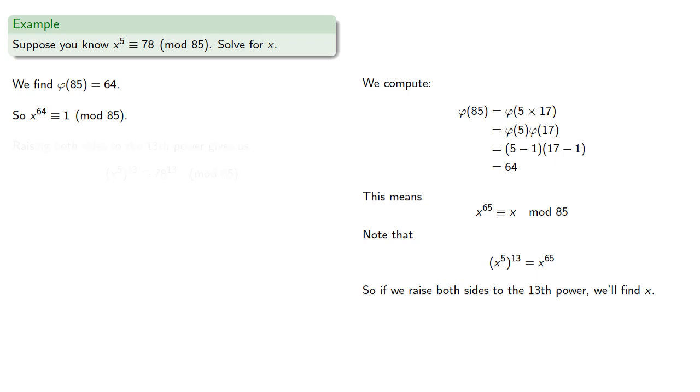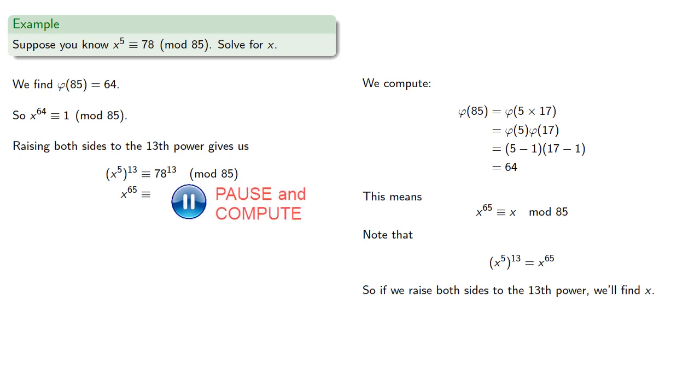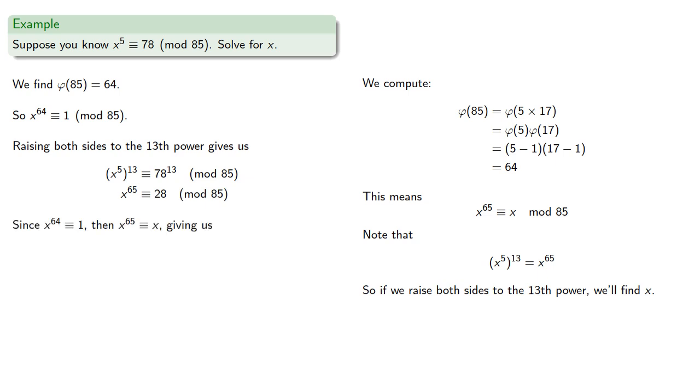And so raising both sides to the 13th power gives us our left-hand side is x to the 65. Our right-hand side we can compute. Since x to the 64 is congruent to 1, then x to the 65 is congruent to x, and that gives us x congruent to 28, which is our solution.